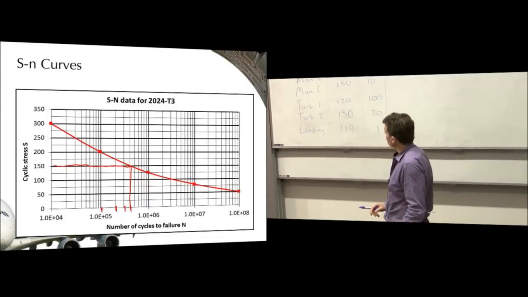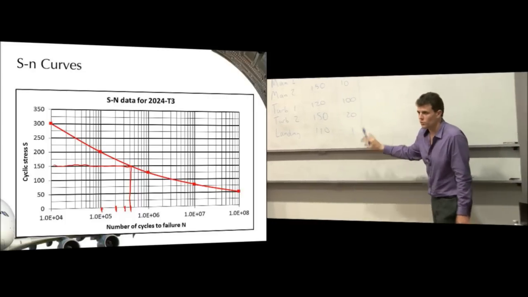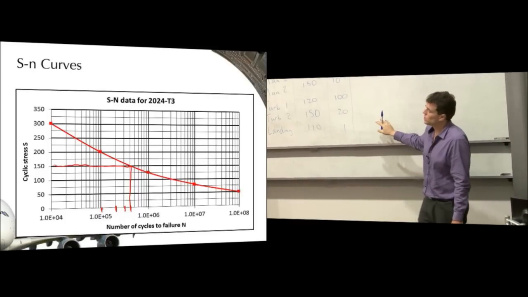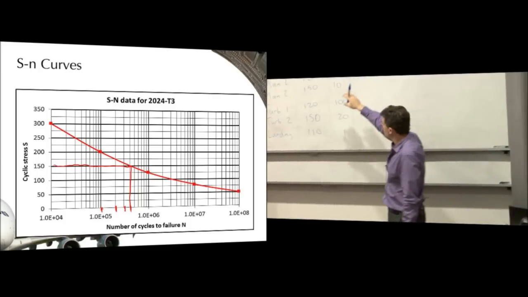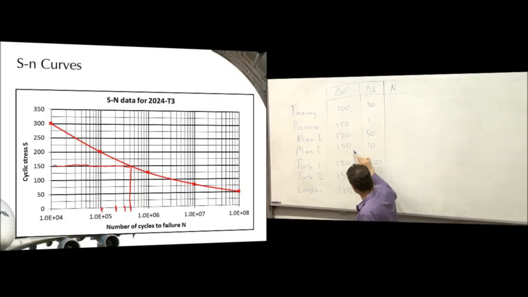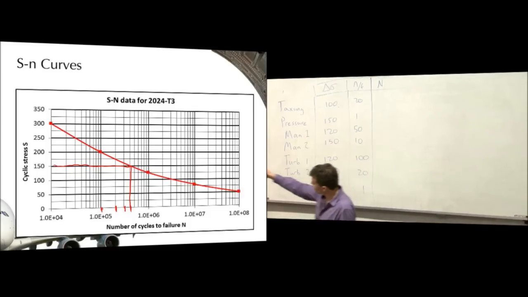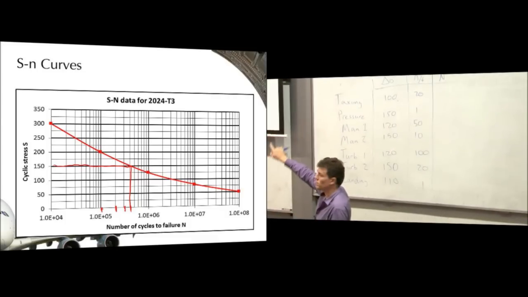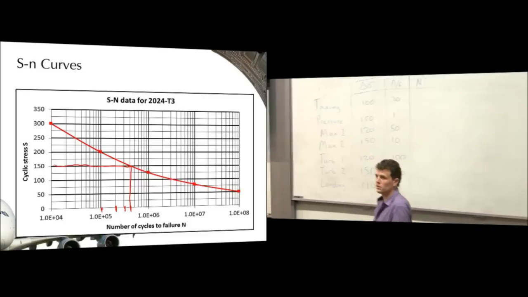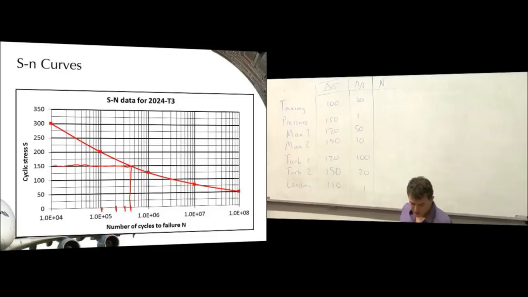Now, what we have to do is for each type of loading, we have to work out how many cycles to failure. So we've got a few different loading intensities here, 100 megapascals, 150, 120, and 110. For each of those, we need to go across horizontally and work out the number of cycles to failure for that type of loading. So let's do that for the first one, 100 megapascals.